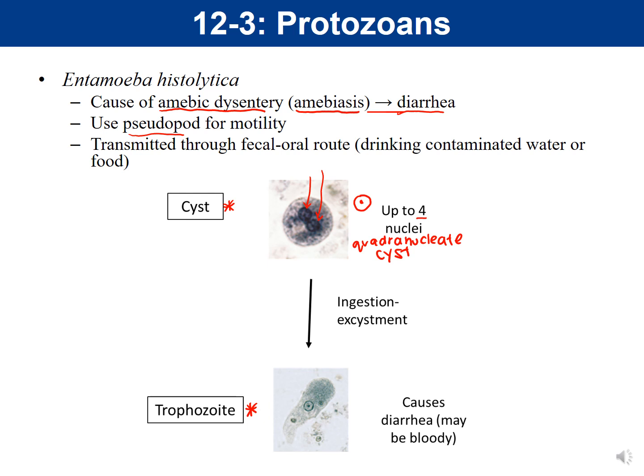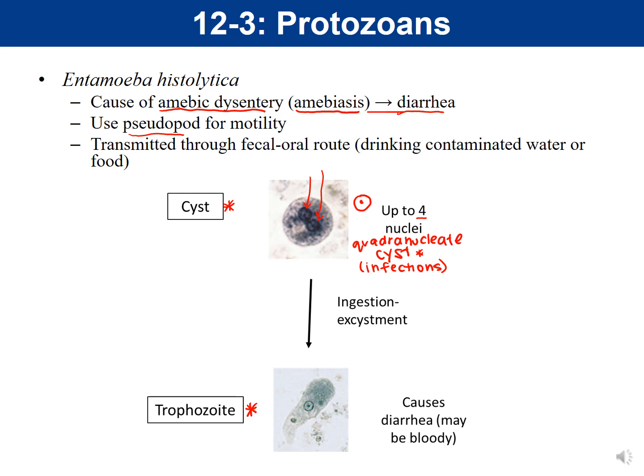The quadranucleated cyst is the infectious stage, meaning that's the one that if you ingest, it's going to lead to infections. So the quadranucleated cyst is the infectious stage. Again, you are looking for those bullseye nuclei. The cell is typically round in shape.